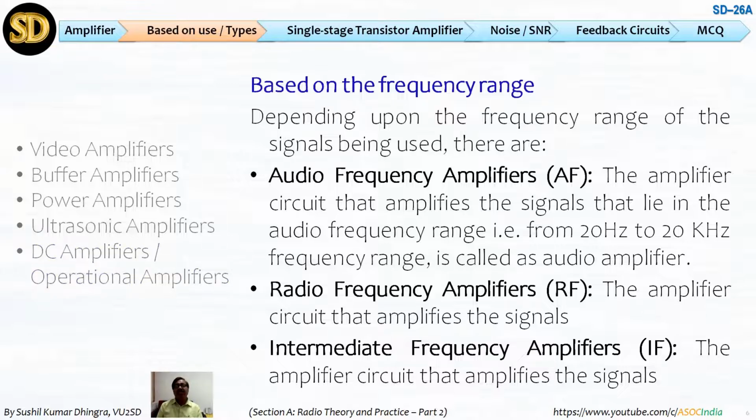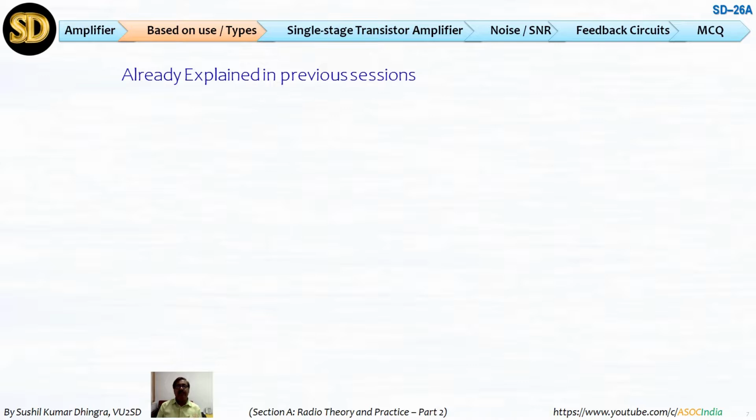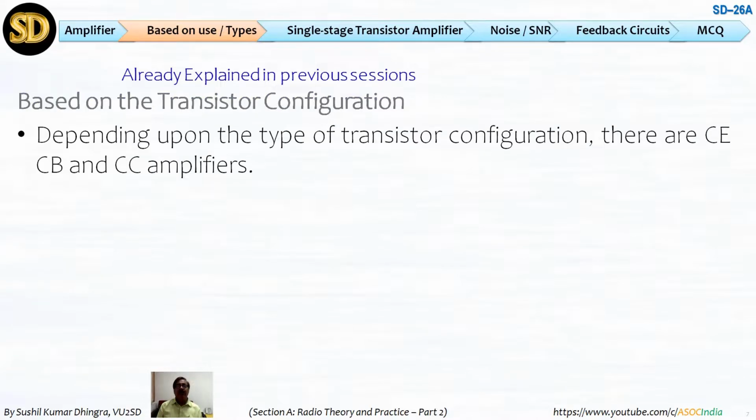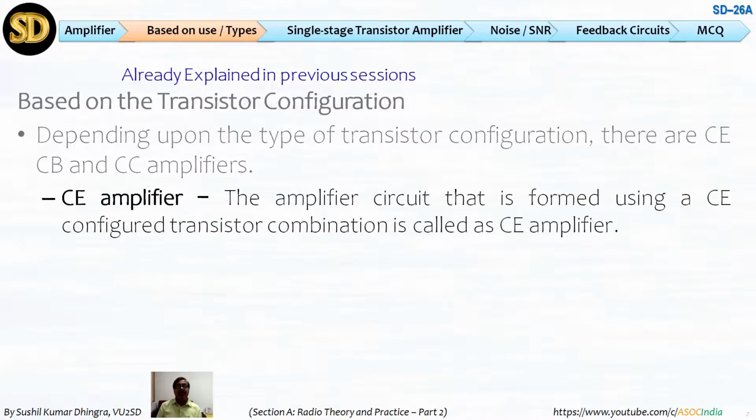So many are there, these are enough for you to understand. But one thing remember, the name of the amplifier is given based on used frequency. So based on transistor configuration, if you remember in the transistor topic, I have already explained, depending on the type of transistor configuration, there are common emitter, common base, and common collector amplifiers.